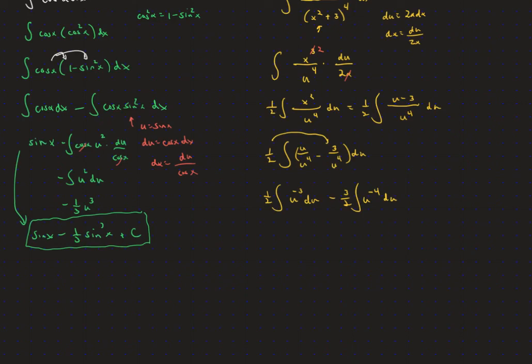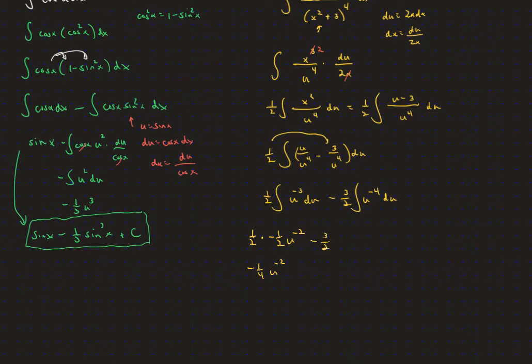So using our power rule, we'll add 1 to the negative 3. That will become a negative 2. We need its reciprocal, and we already have that 1/2 in front. So that's going to be a negative 1/4 u to the negative 2. I'm going to come back to that in a moment.